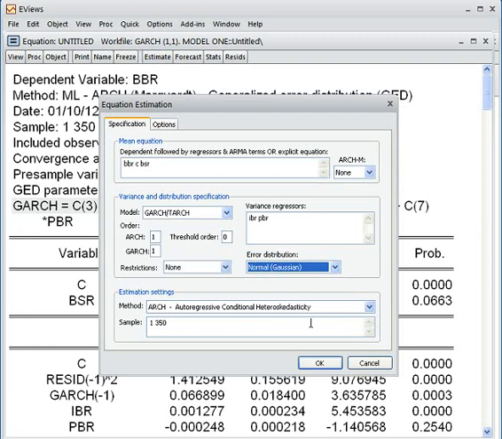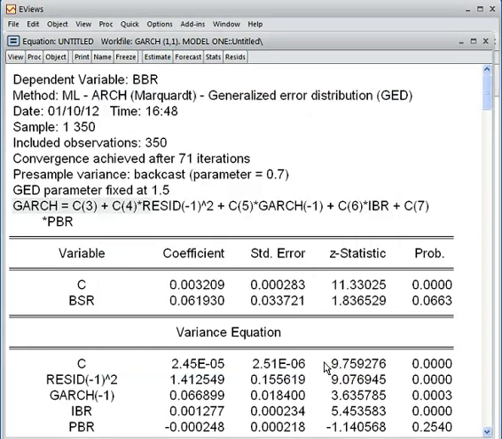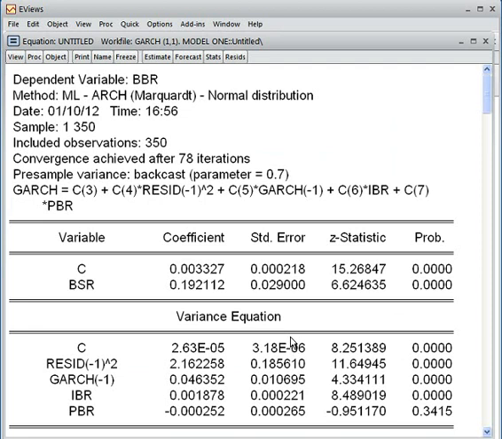I estimate this model, and this is the outcome for the normal distribution. Now the question is: when will the model be the best?